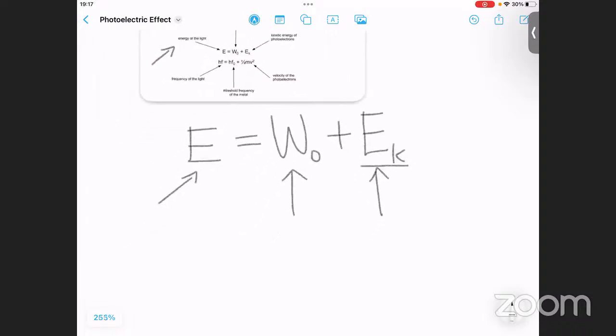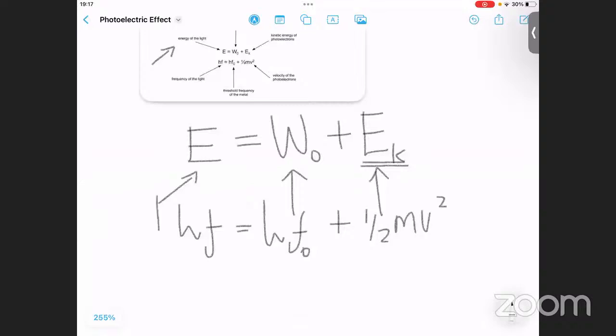That formula can be expanded where you've got hf, obviously f referring to the frequency, and h, we will discuss more on that. Plus, obviously, the kinetic energy formula, we do know very well that it is half mv squared. So that is the expanded formula.